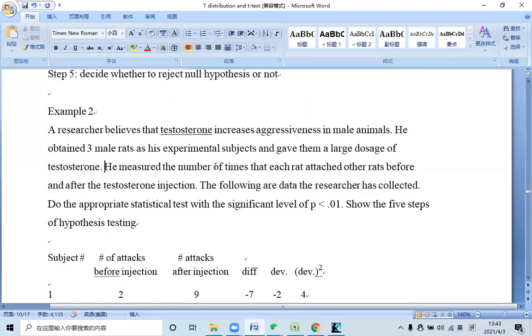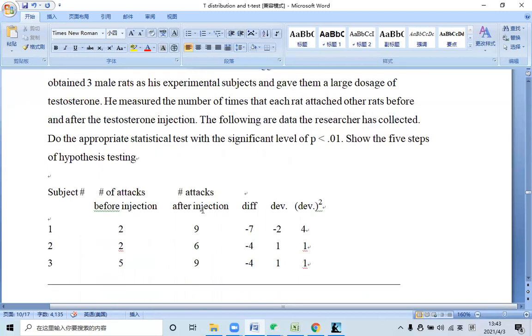And he measured the number of times each rat attacked other rats before and after the injection. Each rat would give you 2 numbers, aggression before injection and after injection.